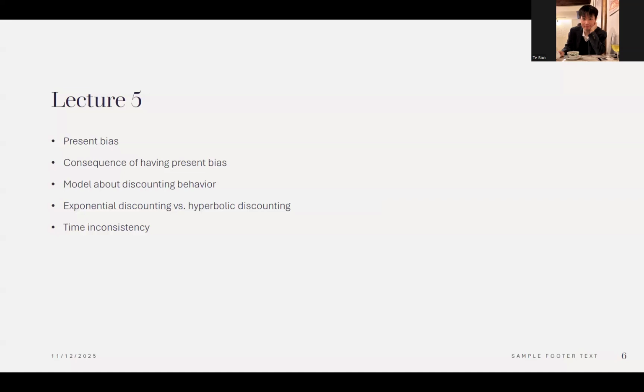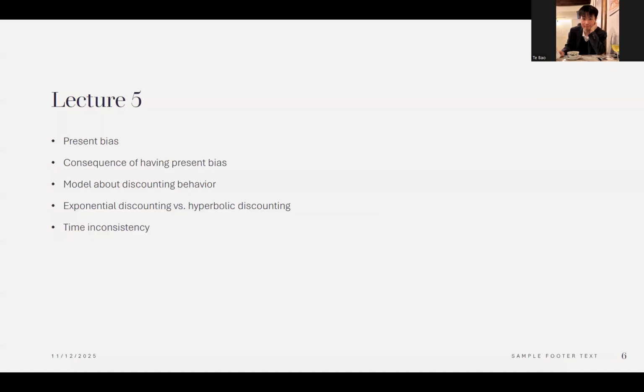Like many examples we see in this chapter, if you choose between today and tomorrow, you tend to appear very myopic, very impatient, choosing, let's say, the unhealthy choice, or giving a very high discount rate. On the other hand, if you're trading between two time points in the future, like in 1 week or in 2 weeks, then you appear to be more patient, and in general you tend to make better choices. So time inconsistency is in general like that.